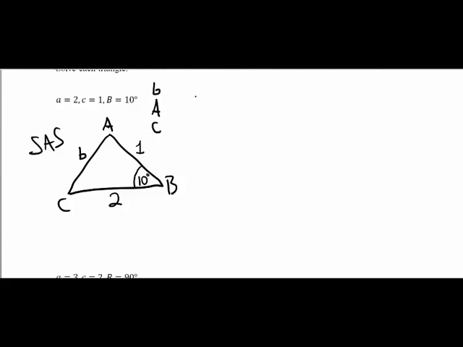So let's start off with the law of cosines. For B, it starts off like the Pythagorean theorem.